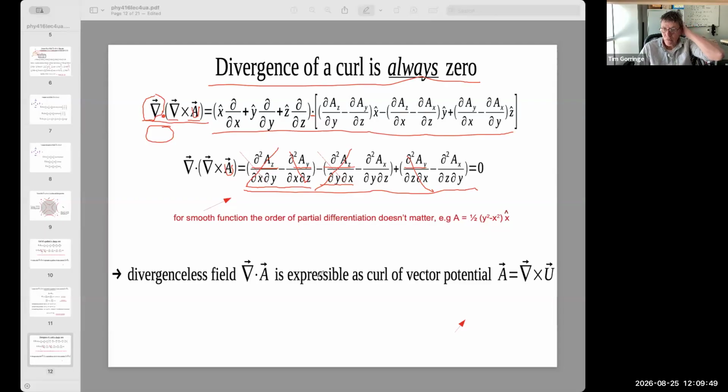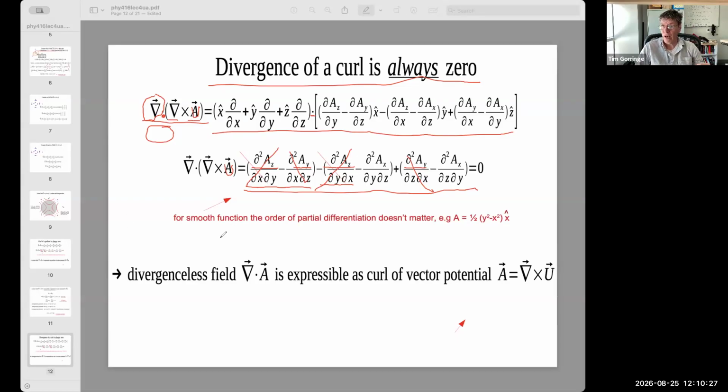It means that you can represent a divergenceless field as the curl of an underlying vector potential. And this is very useful in magnetism. So this mathematical property means that if we've got a divergenceless magnetic field, we're going to be able to express it as a curl of an underlying magnetic vector potential.